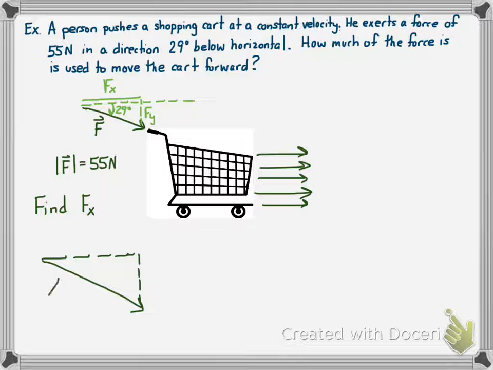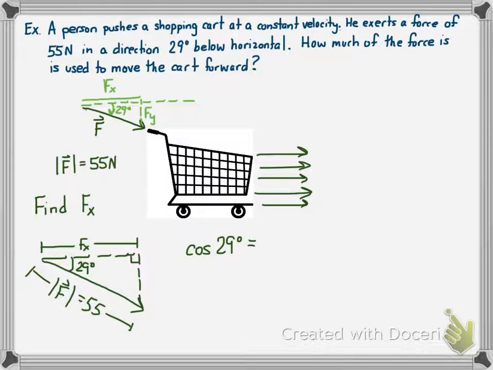And so the magnitude of our force is 55, and so that is the length of the hypotenuse of our triangle. It's the length of our vector. And our angle here is 29 degrees. And we are looking for the length of the adjacent side. And so it looks like we're going to be using the cosine function again. So I know that cosine of 29 degrees will be adjacent, which is Fx, over our hypotenuse, whose length is 55.